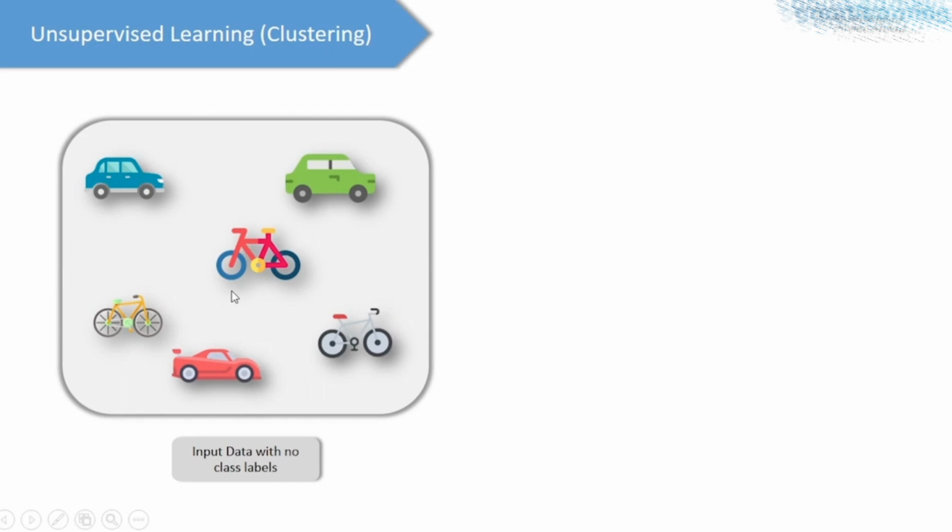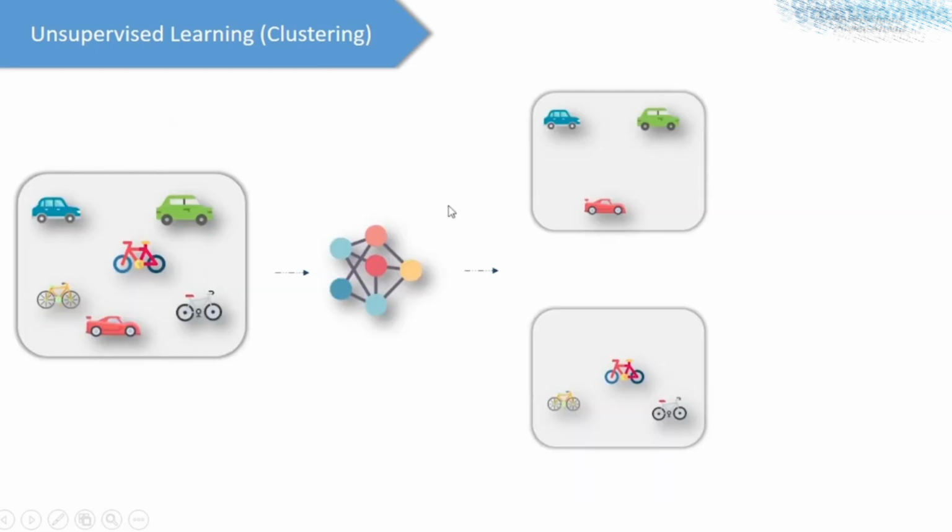So now what we will do is we will go ahead and build an unsupervised learning algorithm on top of this data. And when we build this unsupervised learning algorithm, it automatically divides this data into two clusters.